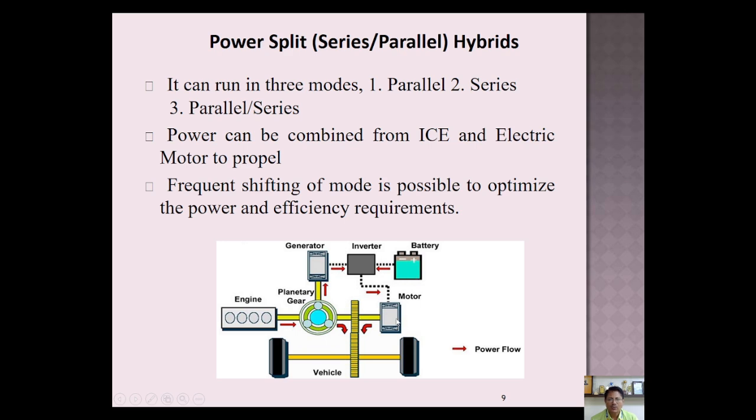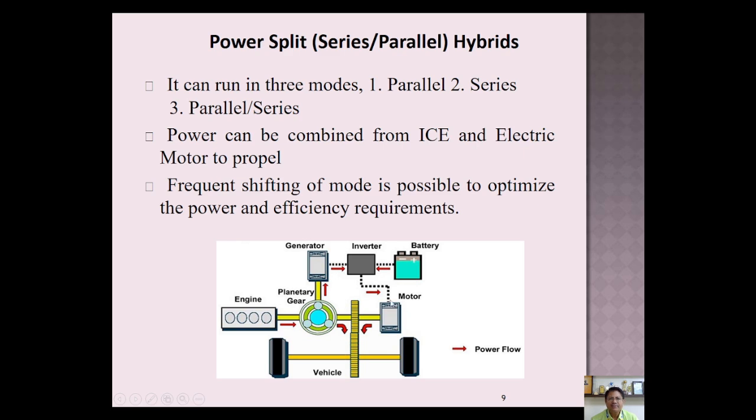Now the combination one: the engine also turns the wheel, the motor also turns the wheel. The excess power will be given to the generator. The generator also stores the energy in the battery. So the battery will be storing the energy. Whenever it is required by the motor, the power will be supplied to the motor.